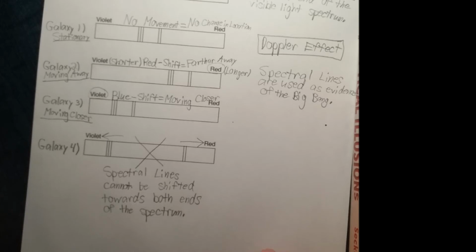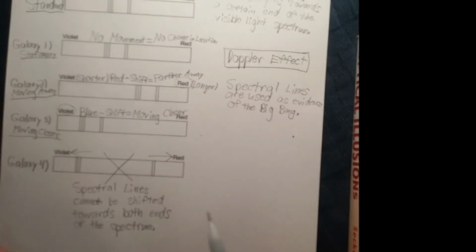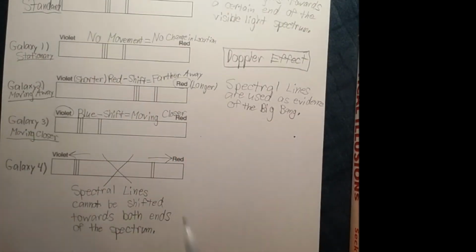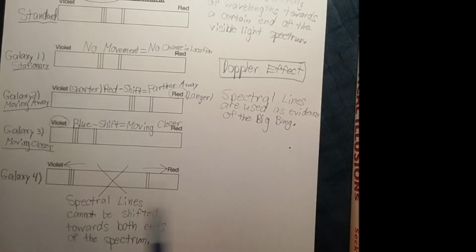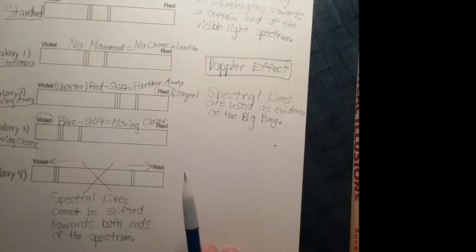Okay, so let's go a little bit more in depth on spectral lines, and we're going to start talking about how fast the galaxy is moving away from us.